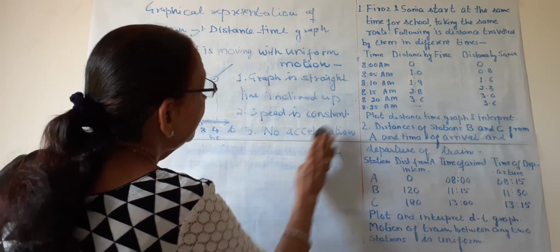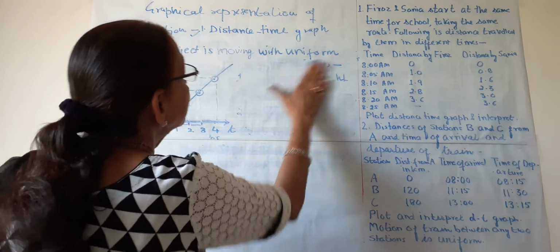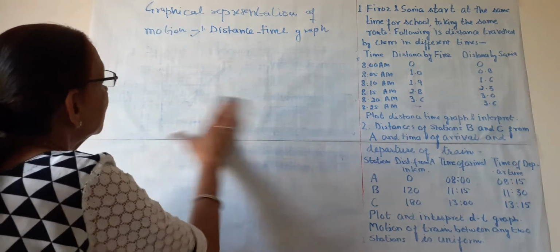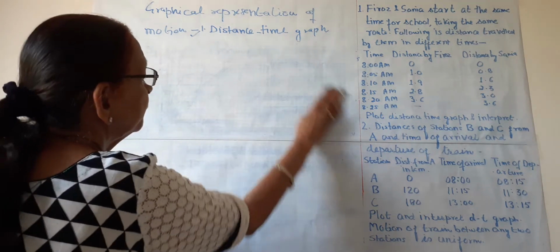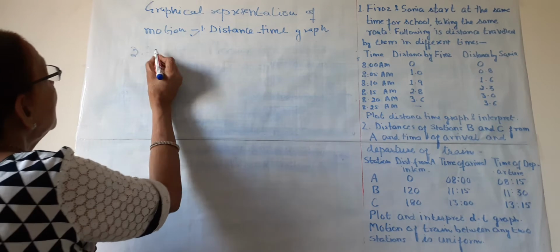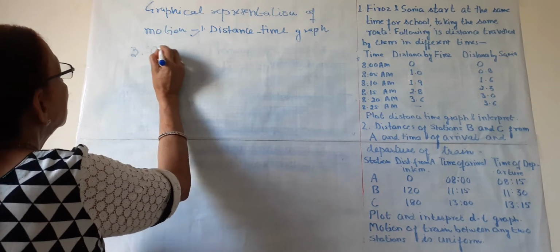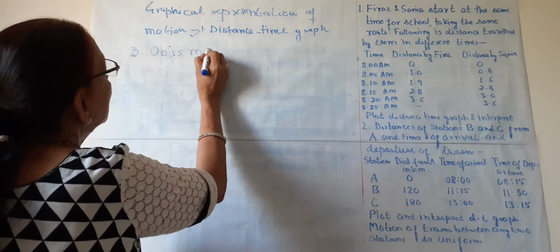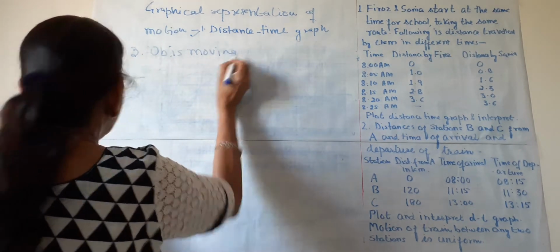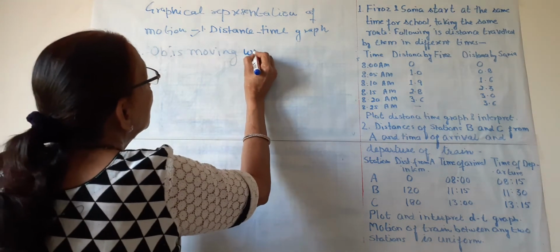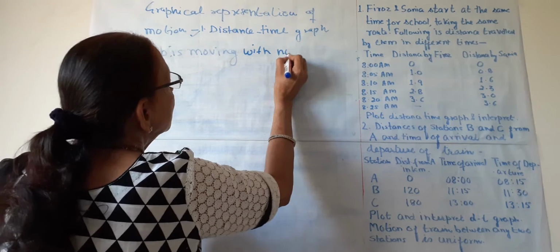Now we will write a third case of DT graph, and this third case is when the object is moving with non-uniform motion.